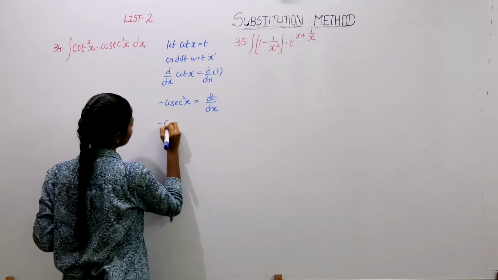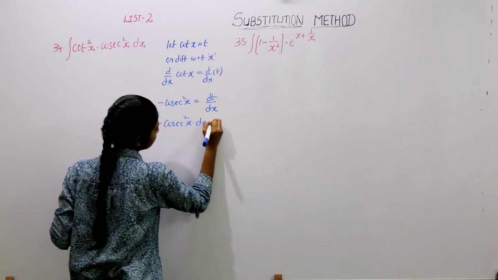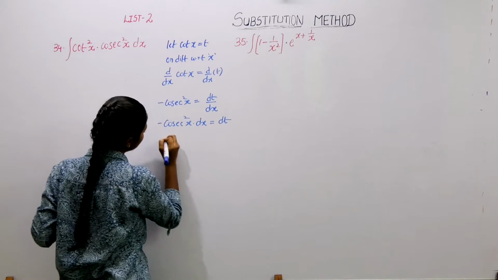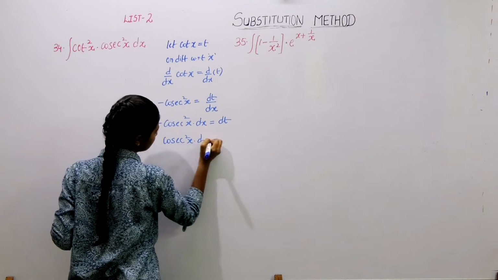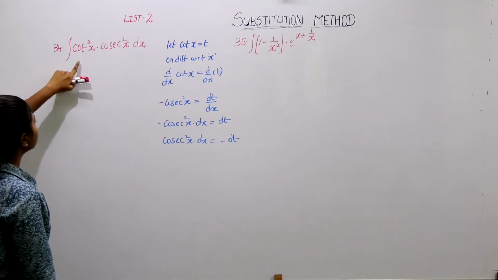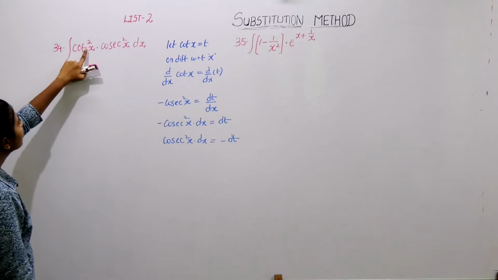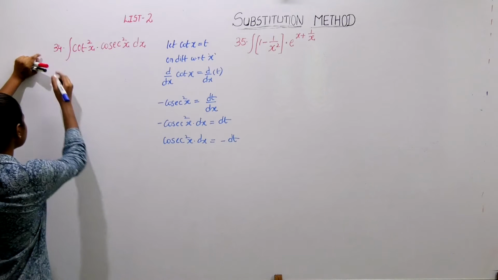Now minus cosecant square x into dx is equal to dt, or cosecant square x into dx is equal to minus dt. Now in the question we have integral cot square x into cosecant square x dx.